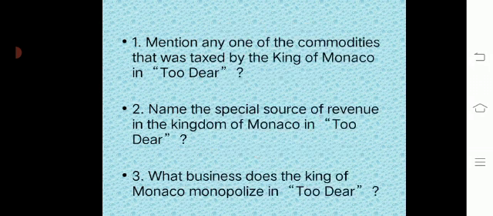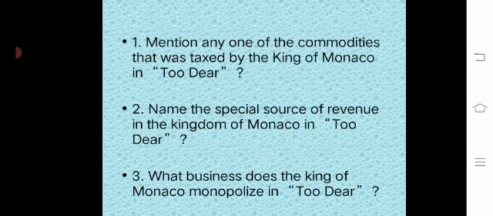If you have read the lesson carefully, you will know that there are 2 or 3 commodities mentioned which was taxable. Out of those 2 or 3, you have to mention any one. So one word answer. So now go to the textbook, refer, read the lesson thoroughly once again and start answering.